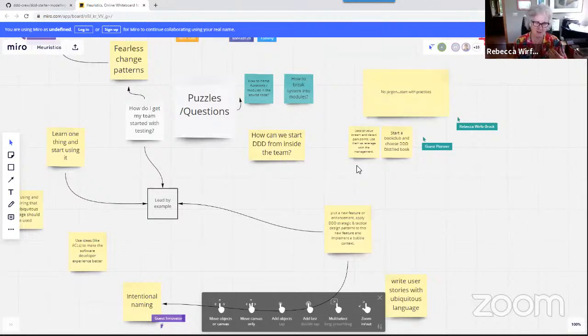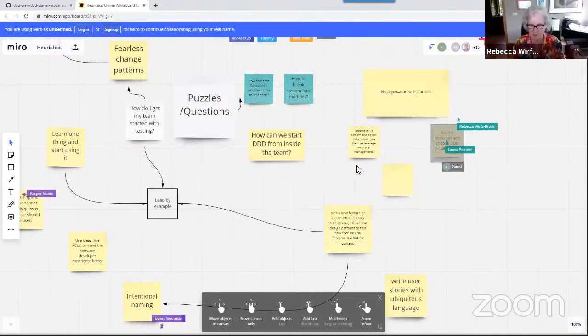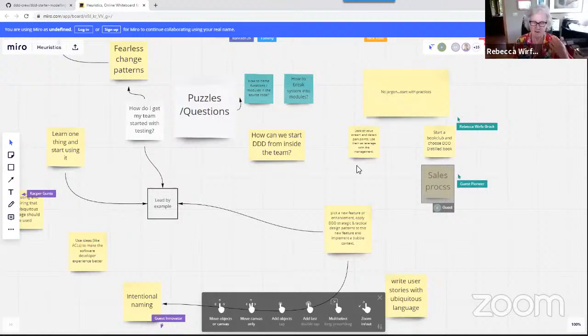This person was at an electronics company that makes pacemakers. They said, we're a very conservative company, so I have to take the language that fits my company's values, and then I can bring in the practices and the values. And I have to do it in a way that says, I'm supporting my company, I'm not tearing it down.